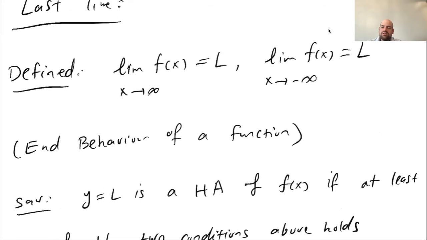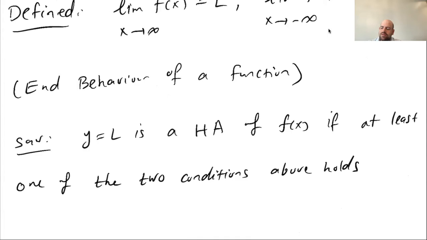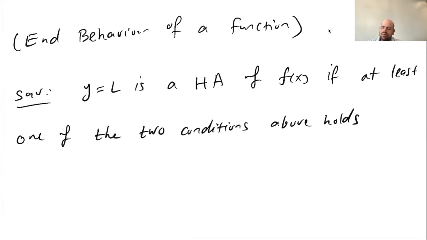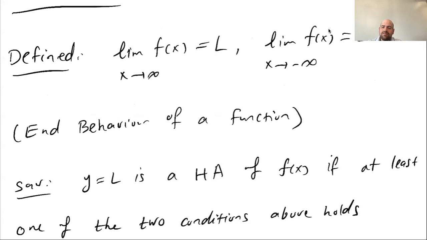So if both of them or at least one of them holds, then we call y equals L a horizontal asymptote of f of x, and the abbreviation is capital H, capital A, which stands for horizontal asymptote. Okay, so we also saw how to compute the limits at infinity.